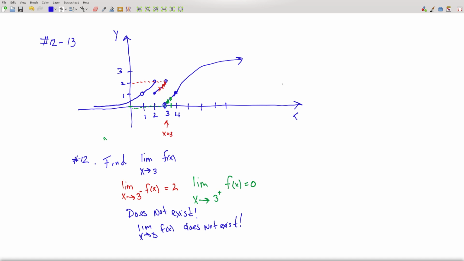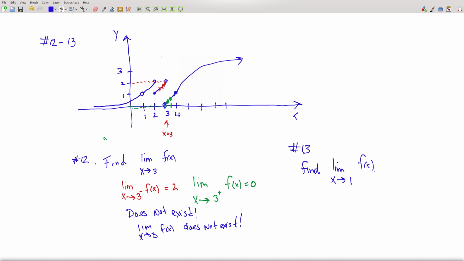Okay, let's take a look now at number 13. Number 13 uses the same graph and asks us to find the limit as x approaches 1 of f of x.